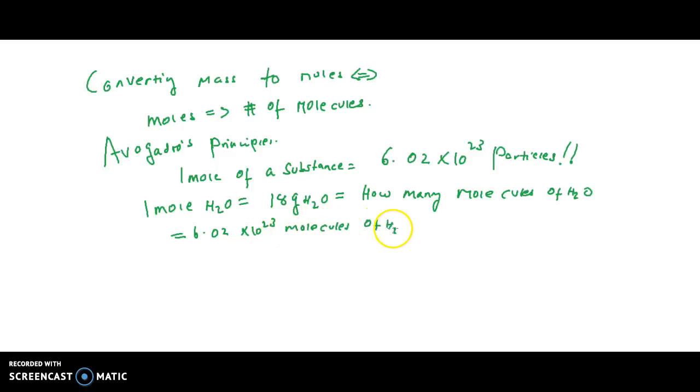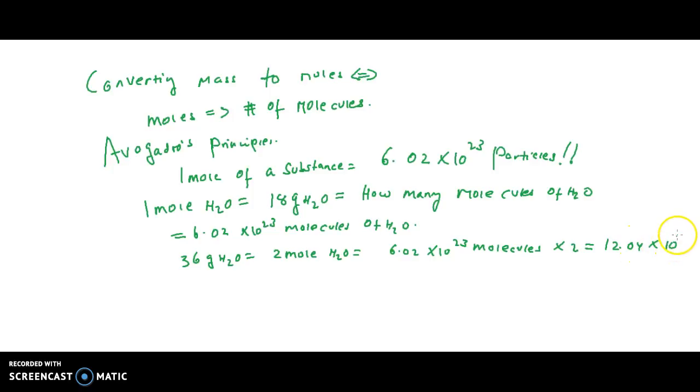So it's proportional. If you have 36 grams of water, you will have 2 moles of water. In 2 moles of water, you will have 6.02 times 10 to the power of 23 molecules times 2, which gives you about 12.04 times 10 to the power of 23, and it continues like that.